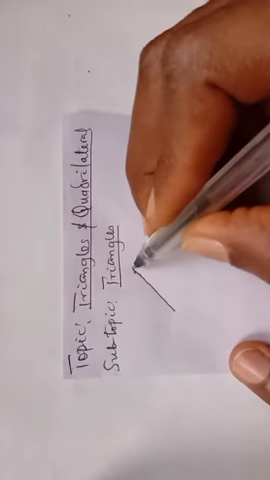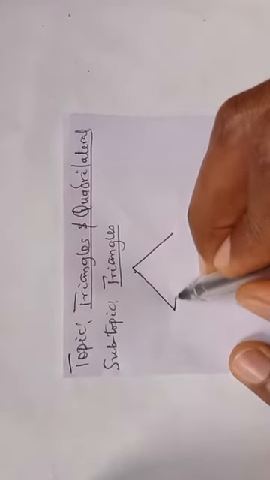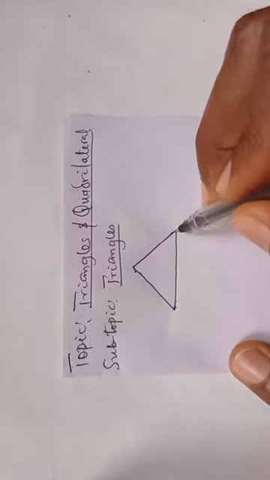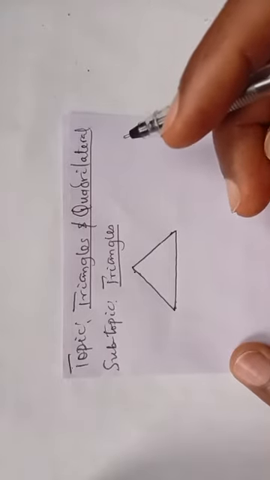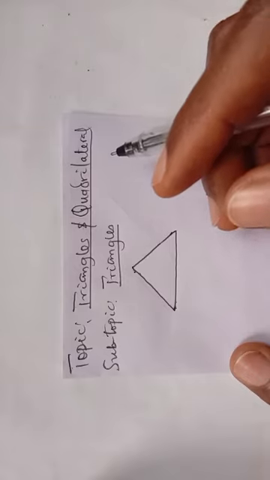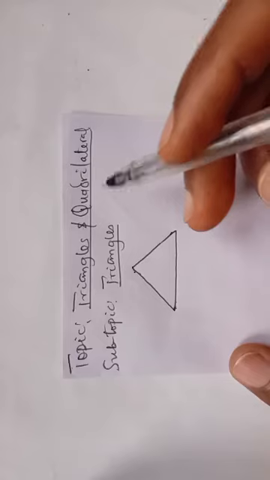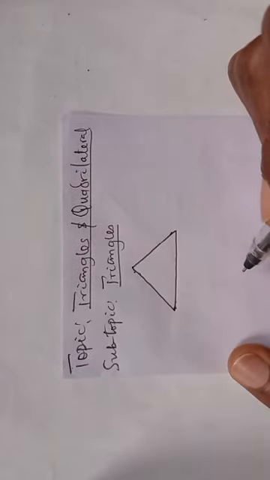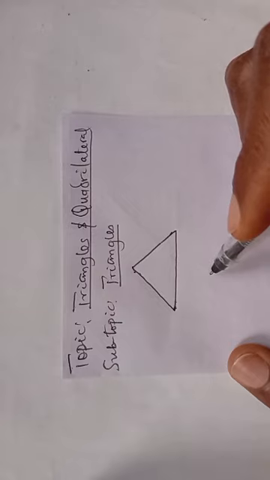One straight line, another straight line, another straight line. This is a triangle. It mustn't be set the way I set mine. It can face anywhere. But as long as we have three straight lines that connect to one another and form a shape, that is a triangle.